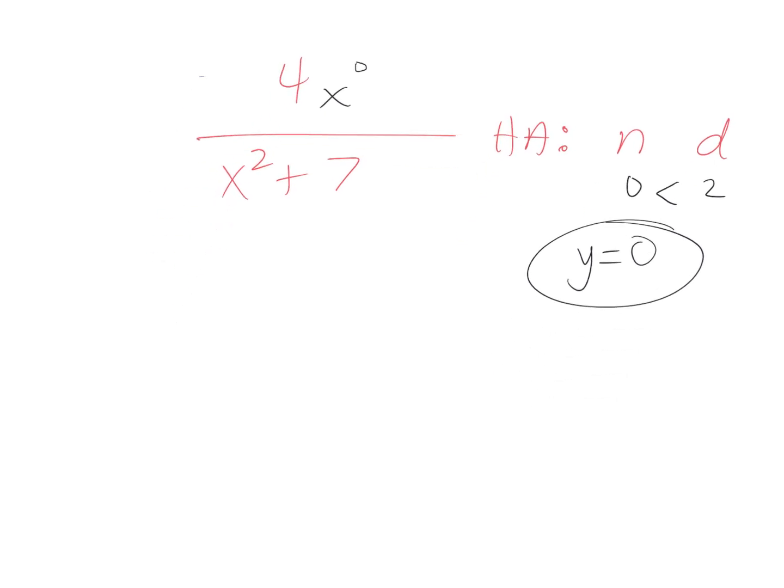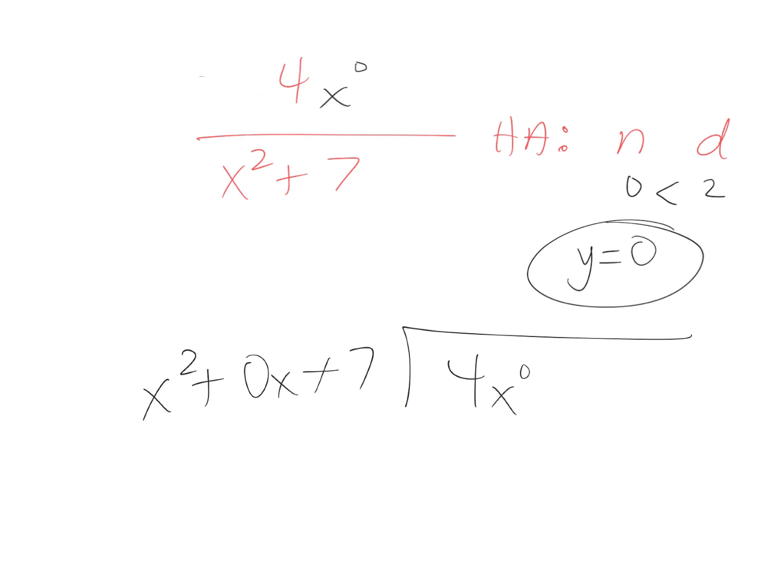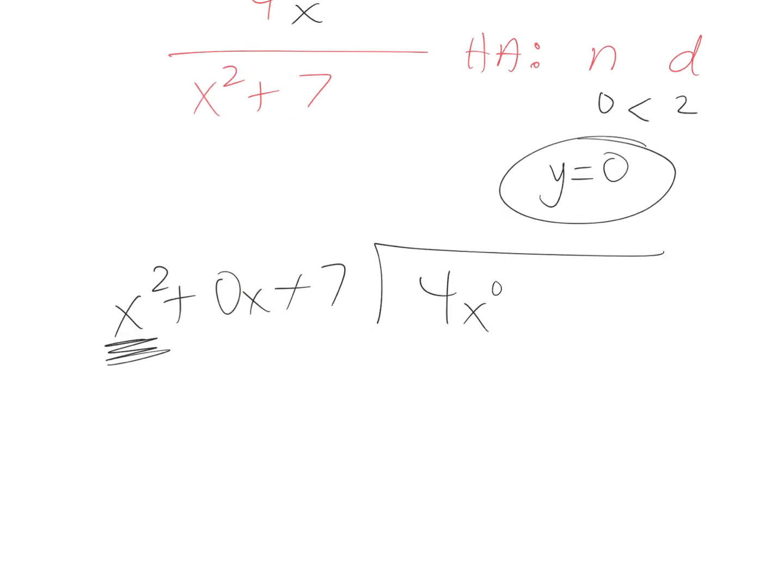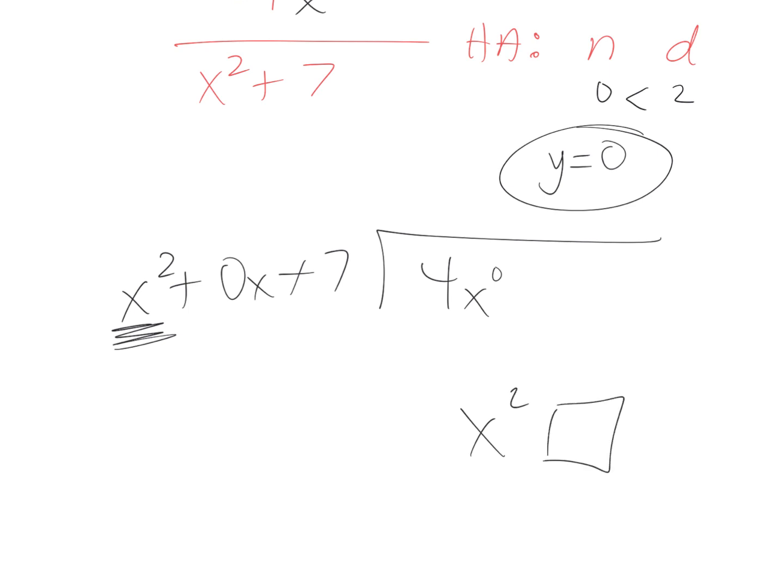Because watch, if you tried to divide x squared plus 0x plus 7 into 4, or 4x to the 0, what would you multiply x squared by to get x to the 0 power? It's not going to work. You can't do that. So that's why your slant asymptote here would be none. So if you have one, you can't have the other. Correct. Very true.